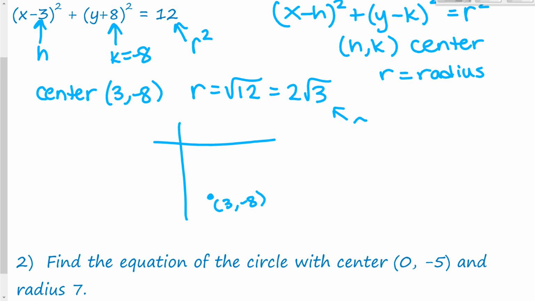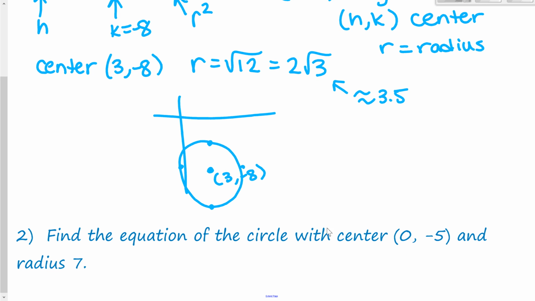So what is that? Approximately, grab my calculator, square root 12, 3.5 roughly. So what I would do, of course, you'd be doing this with a little bit more precision, but from the center you would go up 3.5 and down 3.5 and left 3.5 and right 3.5, and then that would give you enough points that you could go ahead and connect them and draw your circle.